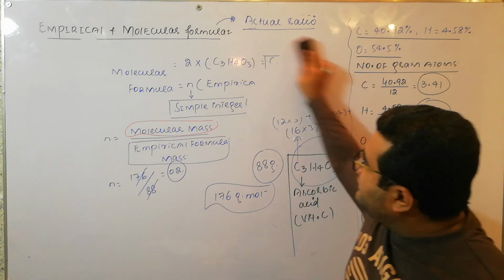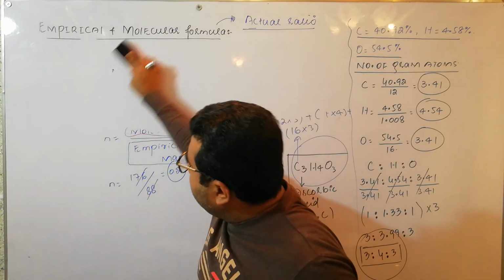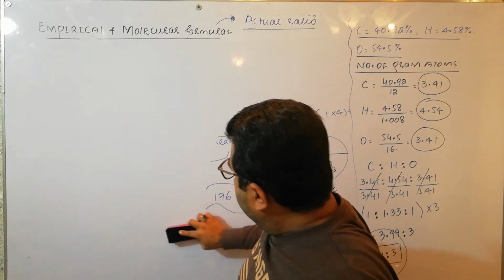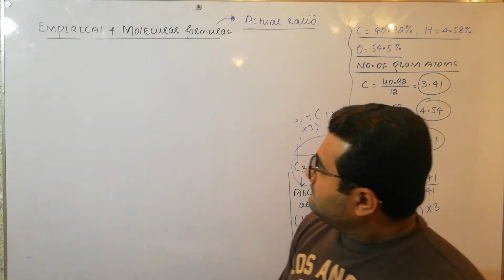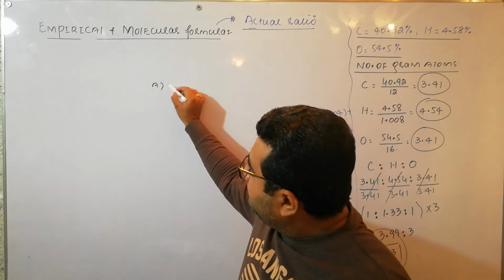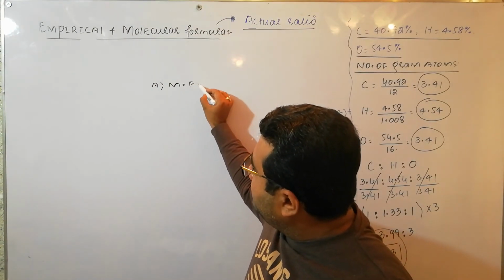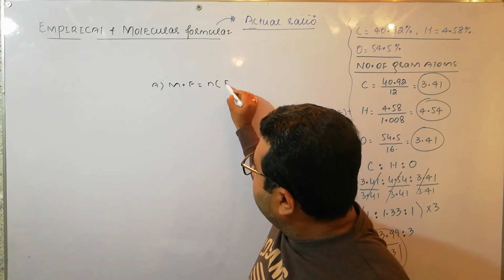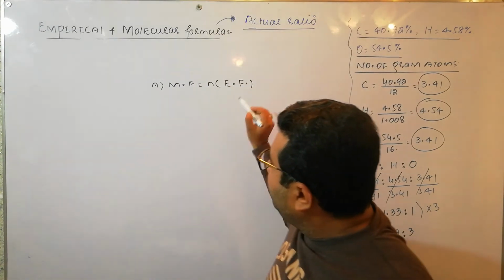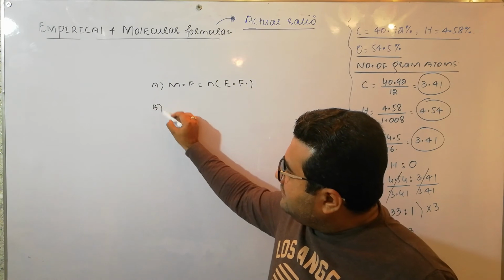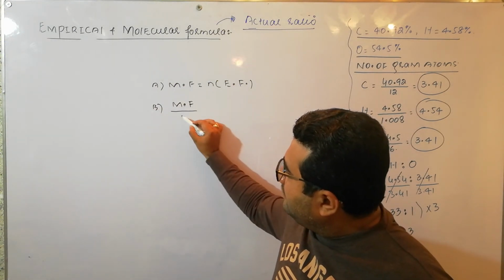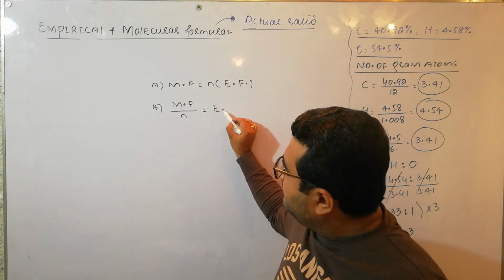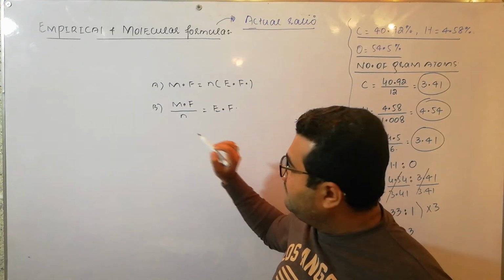Sometimes MCQs are asked from a relation. Suppose we have written that molecular formula is equal to N into empirical formula. We can also write it as molecular formula over N is equal to empirical formula.